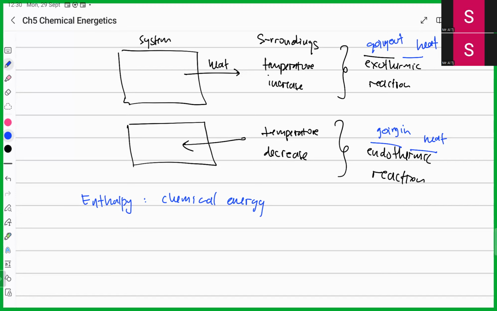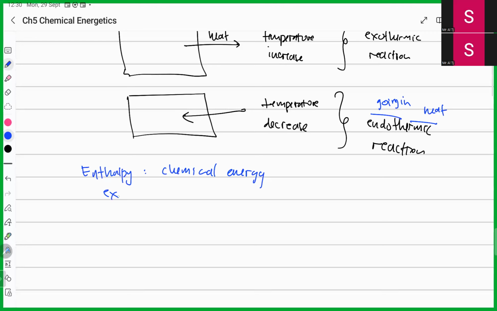If you are going exothermic, it means the energy of the system is decreasing because you spend it out. For the change of anything in physics, in science, we use this symbol. We call it delta.